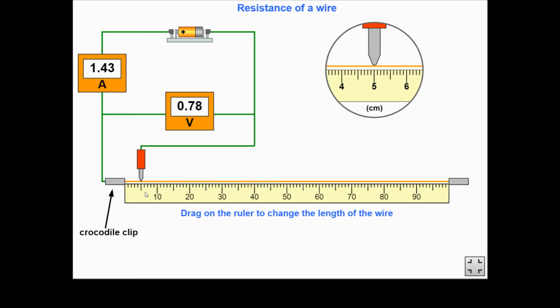So we've got length of wire in centimetres, 5. The potential difference of that is 0.78 of a volt. And the current is 1.43. Okay. And then we're going to go up to 10.